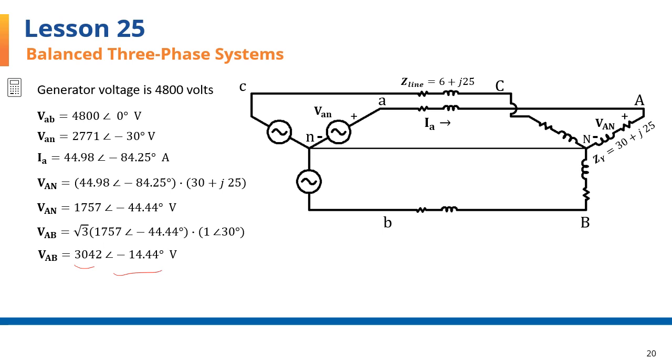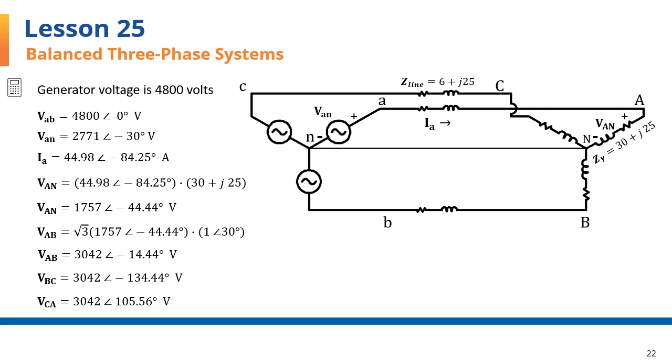We can subtract 120 from this phase angle, and that will give us VBC, that's shown here. And we could subtract another 120 from this to get VCA, or we can add 120 to this one, and that will also give us VCA, and here it is.